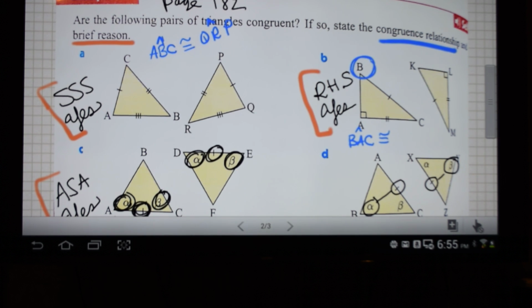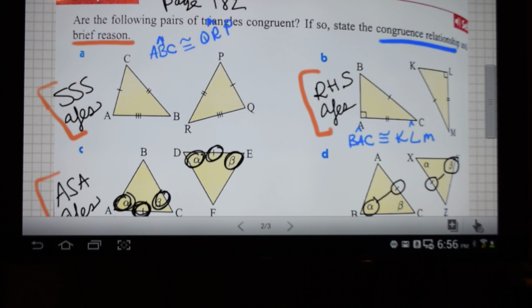It looks like it's probably K. Yeah, it's K. Kind of hard to tell that it's skewed. The angle that corresponds to A is the right angle. That's easy. And the angle that corresponds to C is the last one, M. There we go. And that's your congruency statement for B.